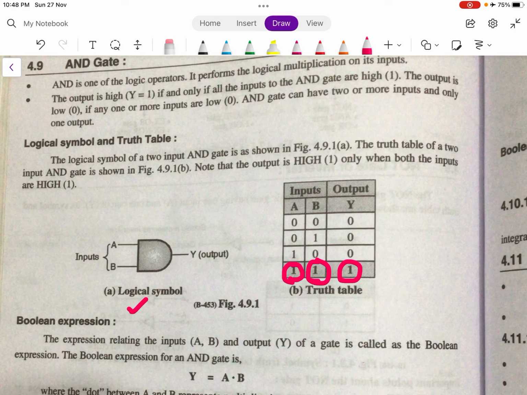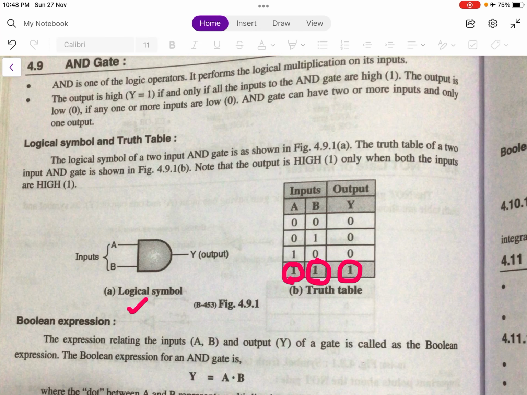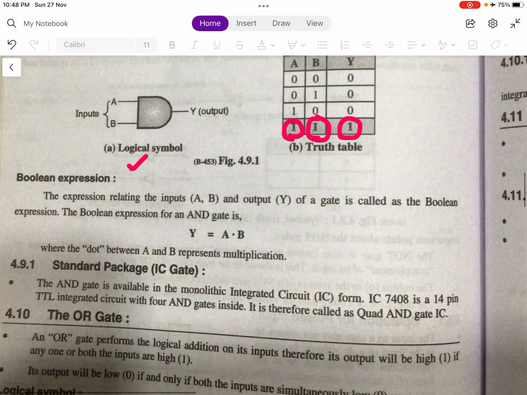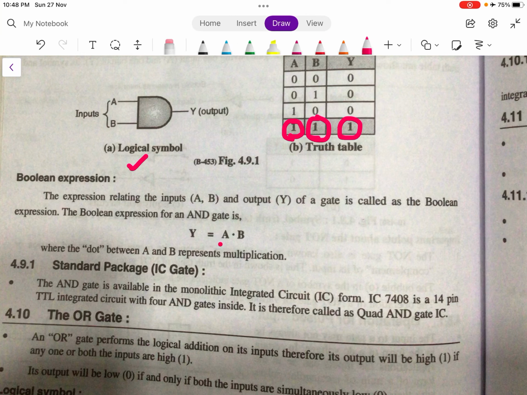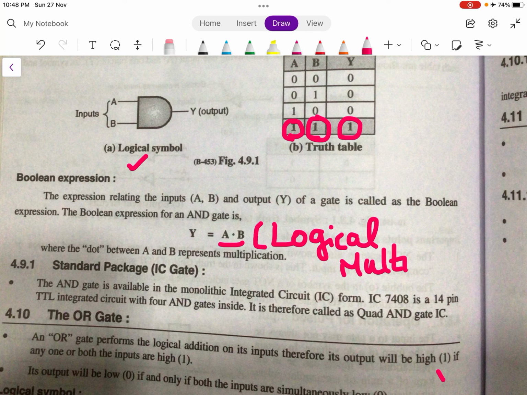And this is the symbolic representation. Boolean expression: the expression relating the inputs A and B and output Y of a gate is called a Boolean expression. The Boolean expression of AND gate is A dot B. So this operation performs logical multiplication.